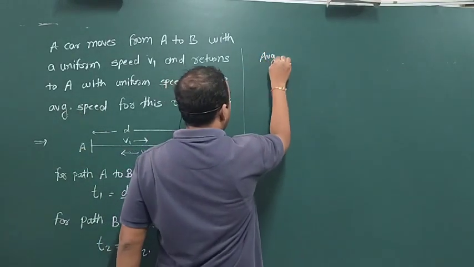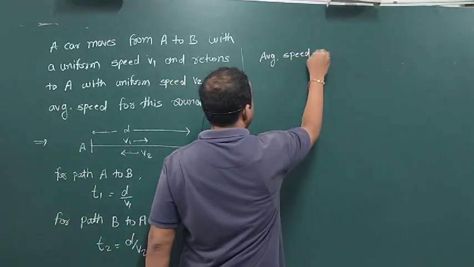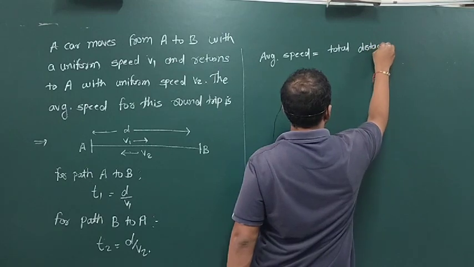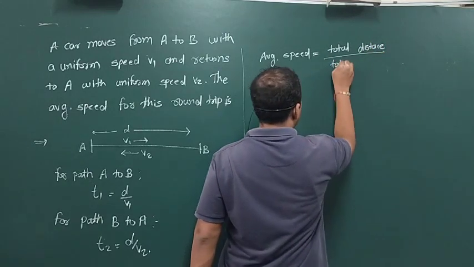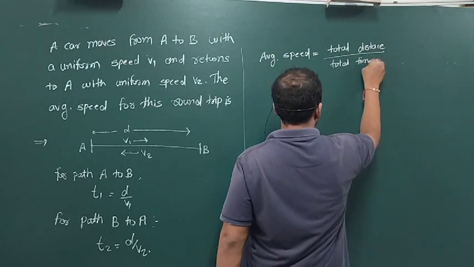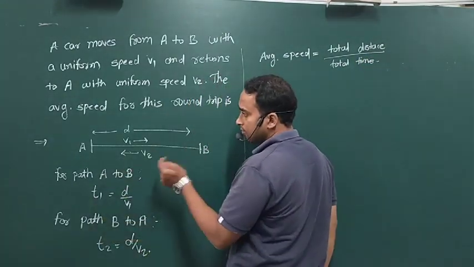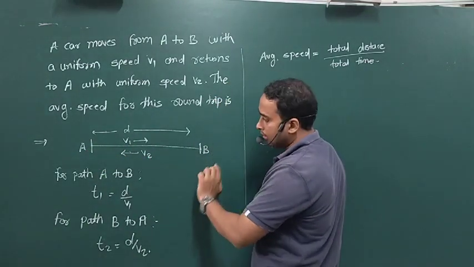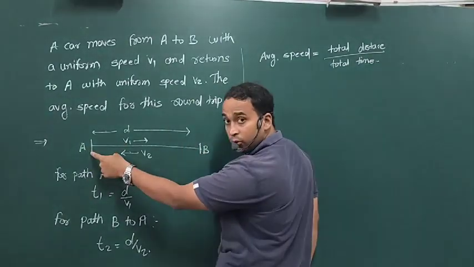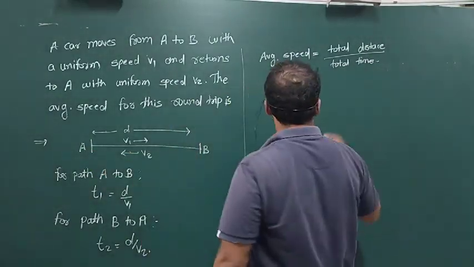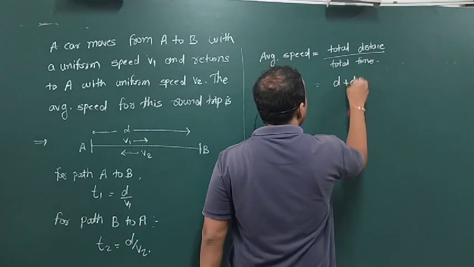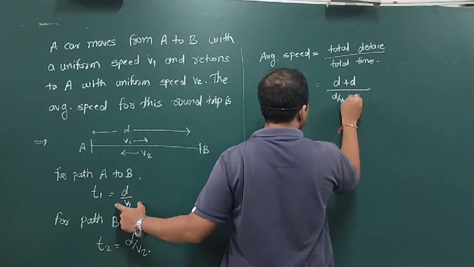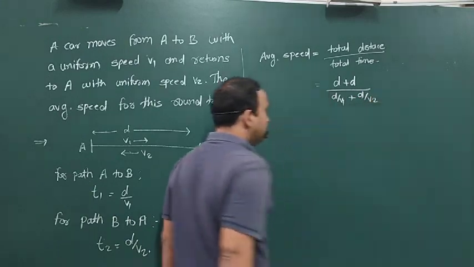The average speed is equal to total distance upon total time. Now see here, the car is moving from A to B, that means it covers a distance d, and again it returns from B to A, so it also covers a distance d. So the total distance is d plus d divided by total time, d upon v1 plus d upon v2.